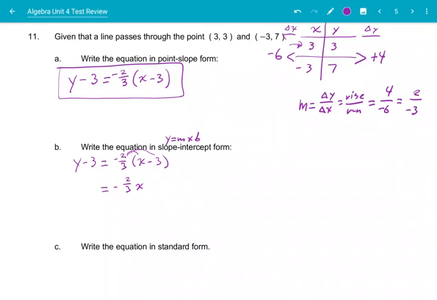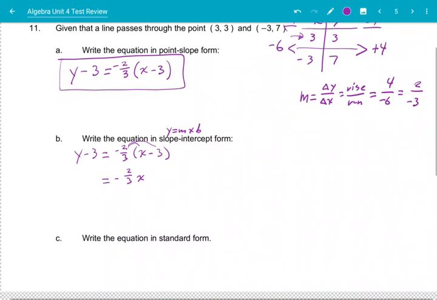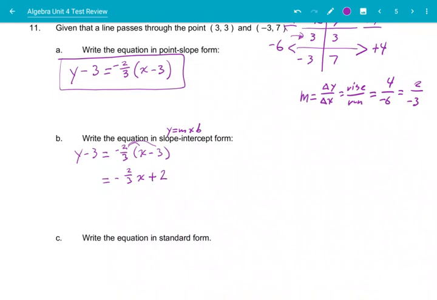A negative times a negative gives me a positive, and then whatever is on top is left. Alrighty, and then I still have this over here, but I can add that to get rid of it. y equals minus 2/3 x plus 5. There we go.